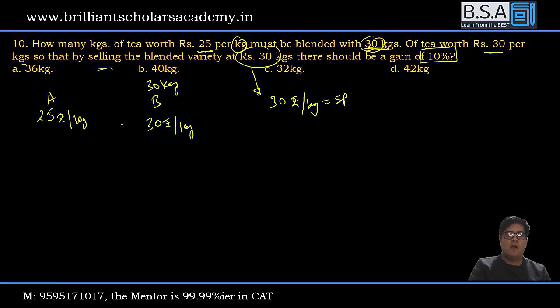The question is, how many kilograms should we have for A if there are going to be 10% profit earning on selling price of rupees 30?